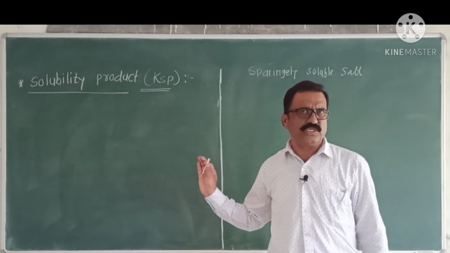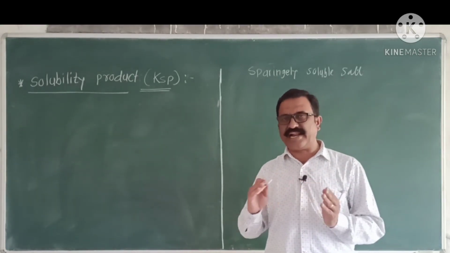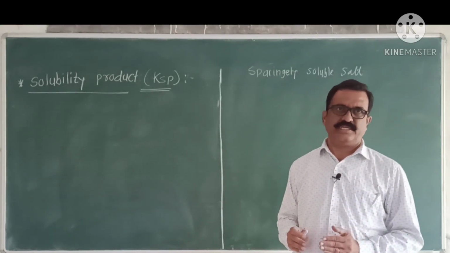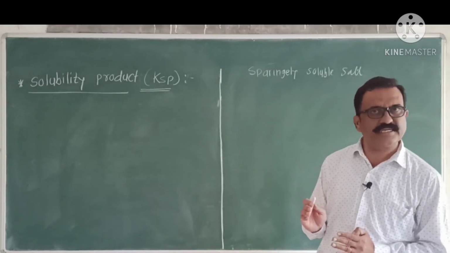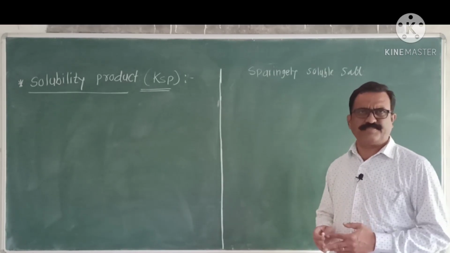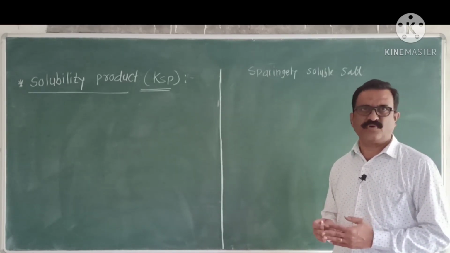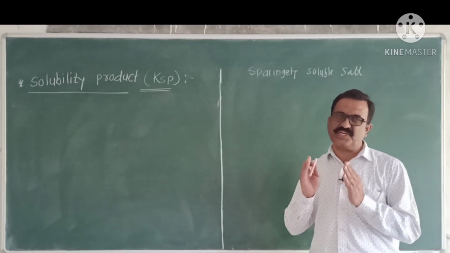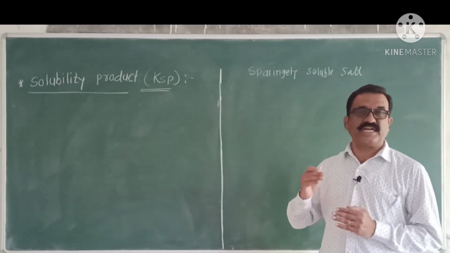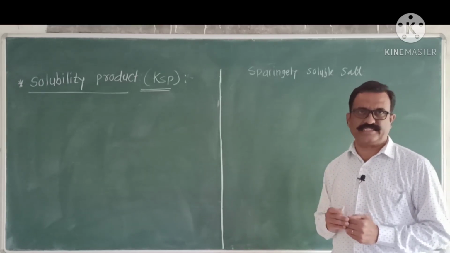For example, sodium chloride is a salt. It undergoes 100% dissociation. The molecule is converted into Na plus and Cl minus ions. Sodium sulfate, a salt, dissociates almost completely, while there are some salts which dissolve to a very small extent.